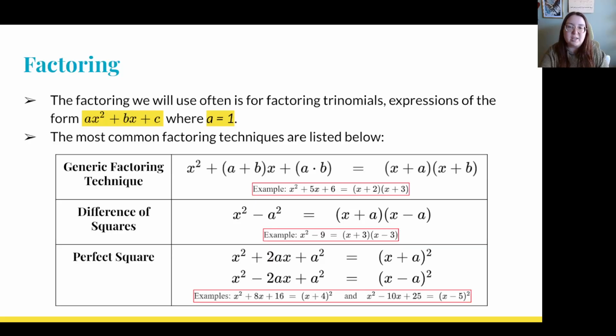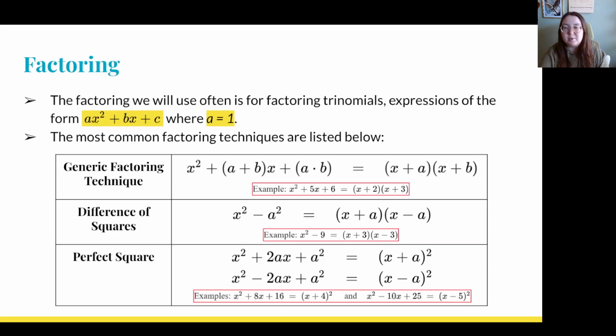But for us, we're going to treat that as a plus b, so there's some number in the middle, plus the number at the end, a times b. So you're looking for two numbers, a and b, that multiply to the value at the end and add to the number in the middle. And when you factor that, it turns into x plus a times x plus b.